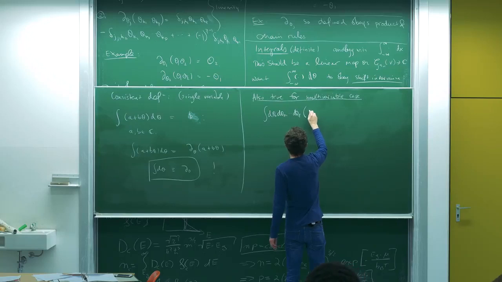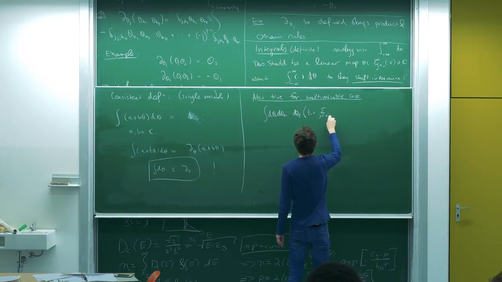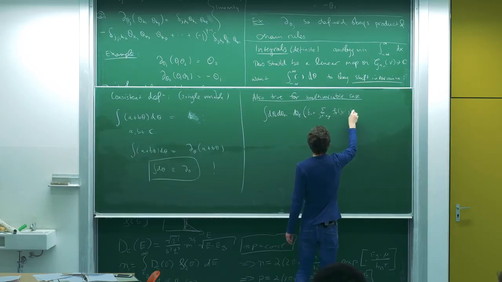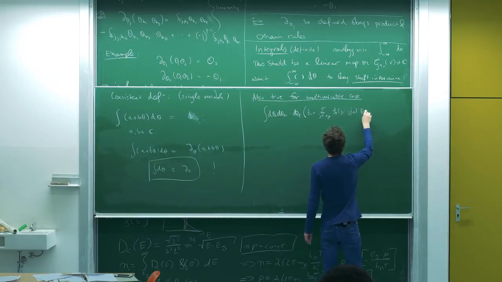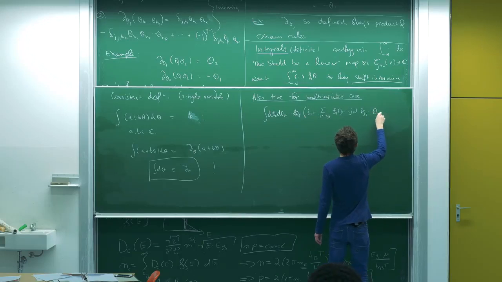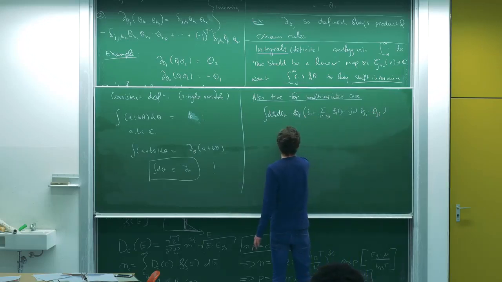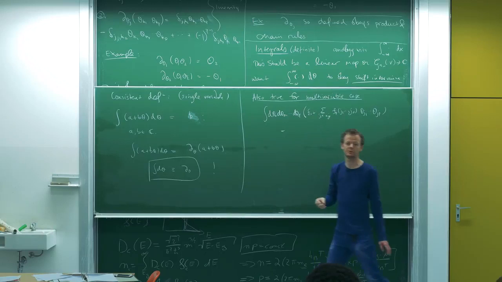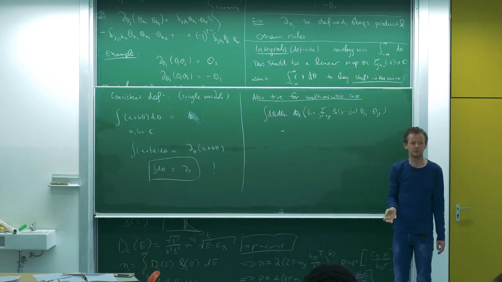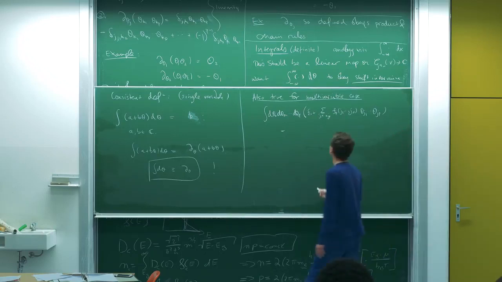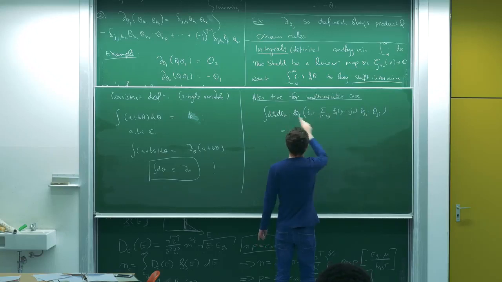So if you take some arbitrary element of the Grassmann numbers, then the only option which is consistent with shift invariance is to just differentiate with respect to all the variables, one after the other.